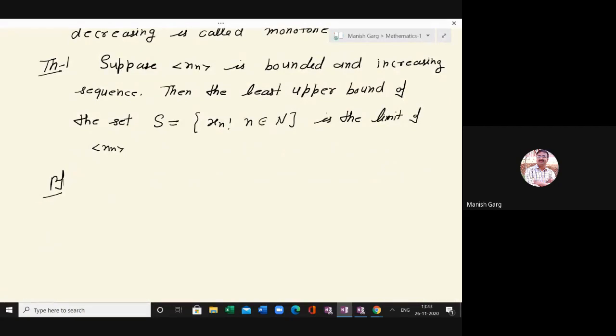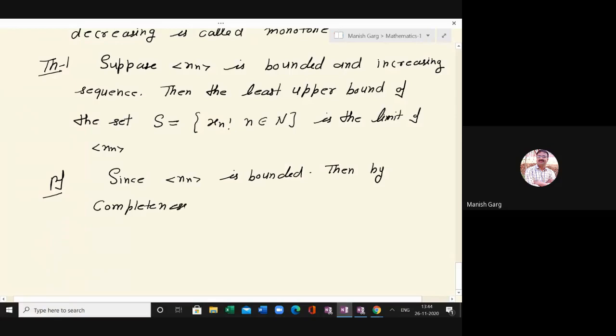Now proof. Since Xn is bounded, by the completeness property, the supremum of S exists.